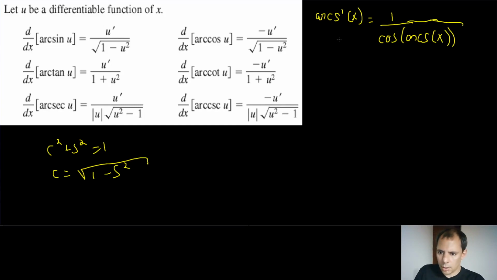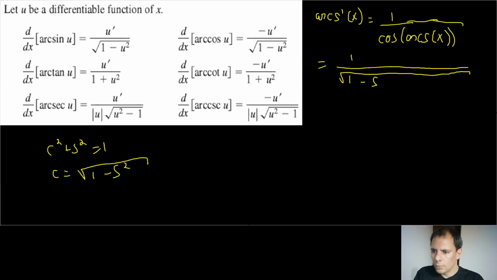So I'm going to say an equal: you have 1 divided by the square root, I'm going to make a huge square root to fit, of 1 minus the sine squared, right? Of what?